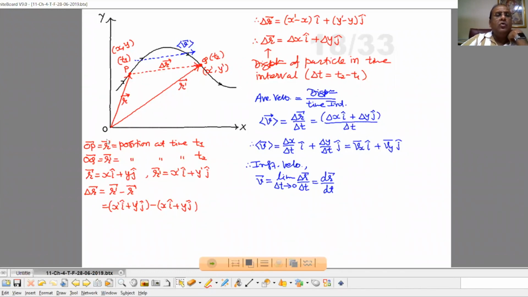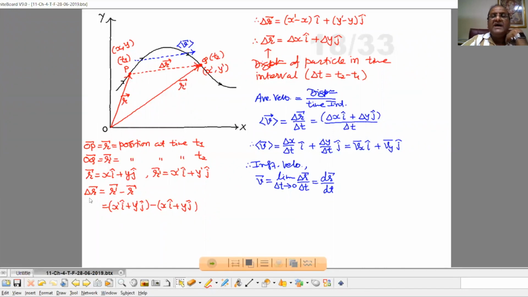Now vector OP, that is vector r, is the position at time t1. Vector OQ, that is vector r dash, is the position at time t2. So we can write in component form position vector r as x i caret plus y j caret, and vector r dash as x dash i caret plus y dash j caret.